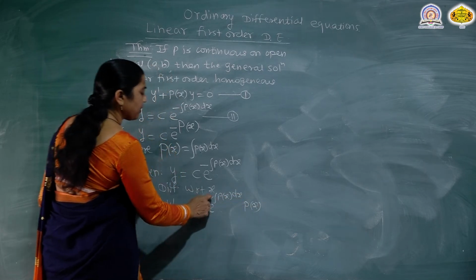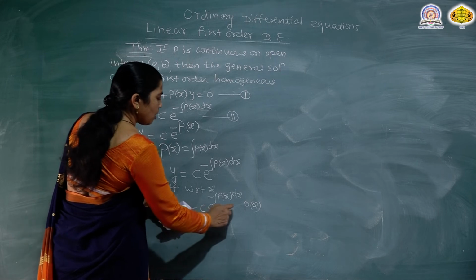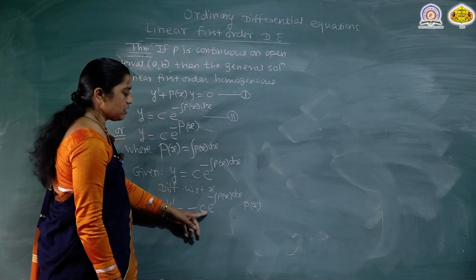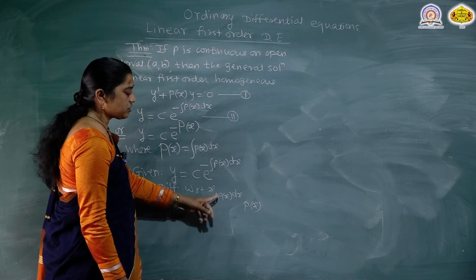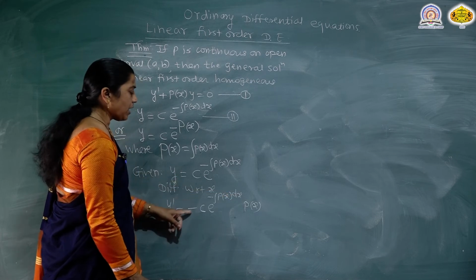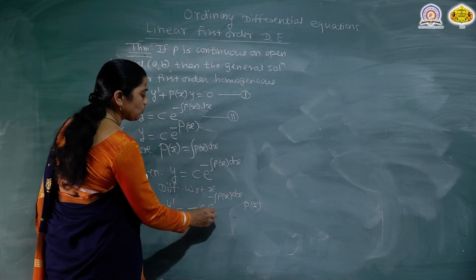We have taken this minus sign firstly. So, see that y dash is equal to minus c, derivative of e raised to x is e raised to x, and derivative of this becomes minus px. So y dash is equal to this.